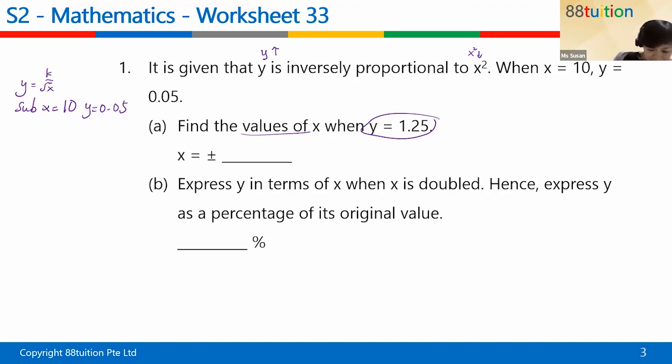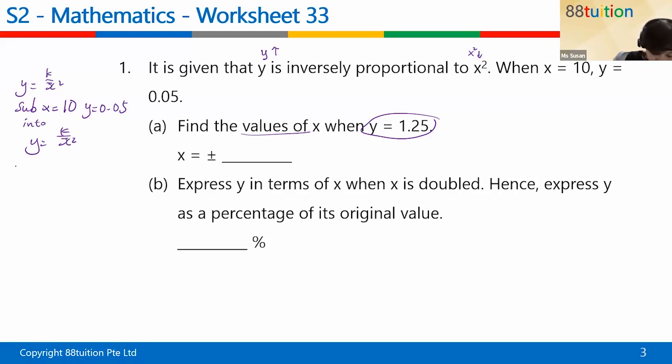Just now I substituted x equals 10, y equals 0.05 into the generic information that you have created. So y equals k over x squared, not square root of x squared here.